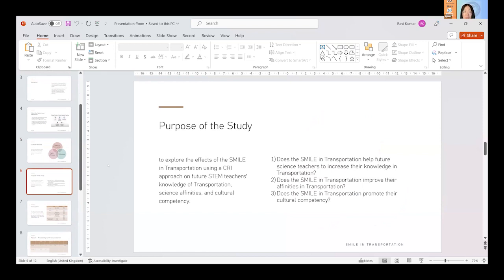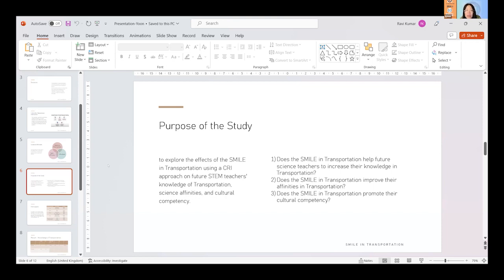So the first research question is, does the SMILE in Transportation, again, the culturally responsive instruction training is called Summer Multicultural Interdisciplinary Learning in Engineering, learning for engineering in transportation. So I made it short, SMILE in Transportation.